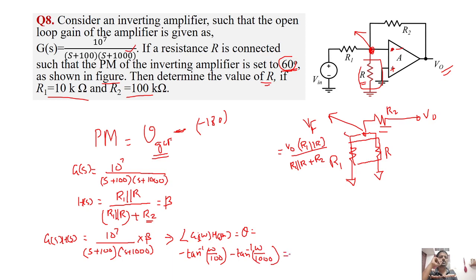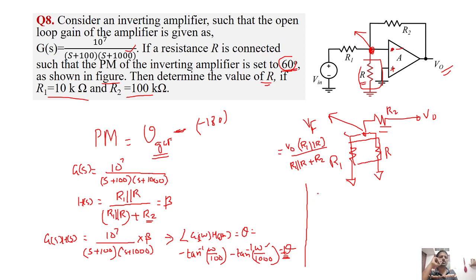So I'll get some value. We don't know what omega is, so this is the angle theta here. The question is to find the R value.